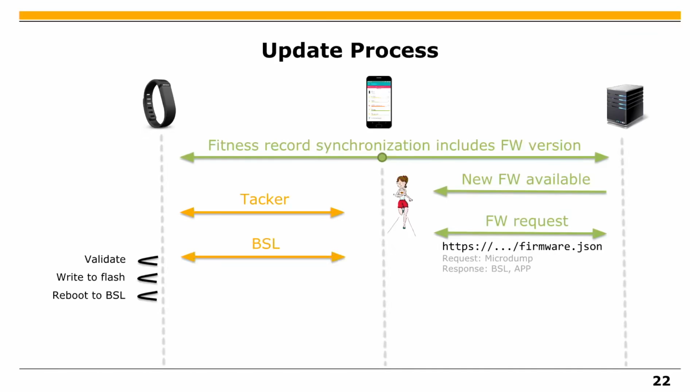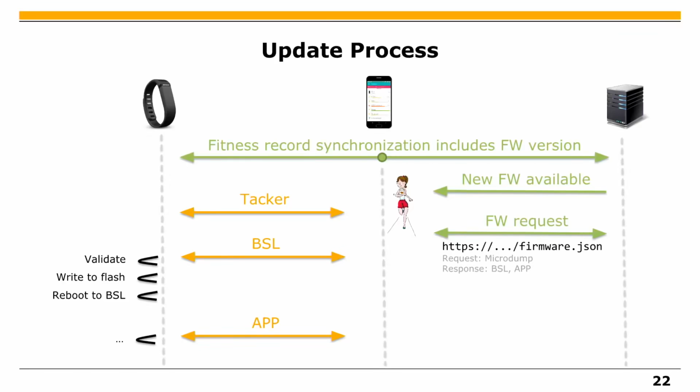The binary contains first the BSL part. The BSL part on the tracker itself is first validated by some steps, and afterwards only flashed. So if you don't pass a certain number of checks, it's not even going to be flashed. And in the end, you reboot into the BSL, and then from the BSL, you flash the app, which has the same steps. And in the end, you should just reboot into the app, so you don't do this actively, but the tracker does.